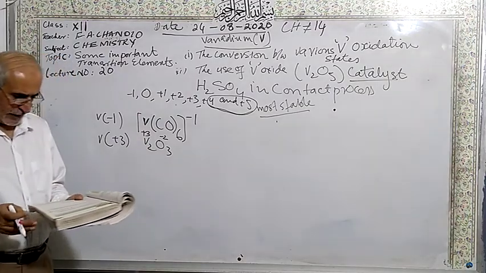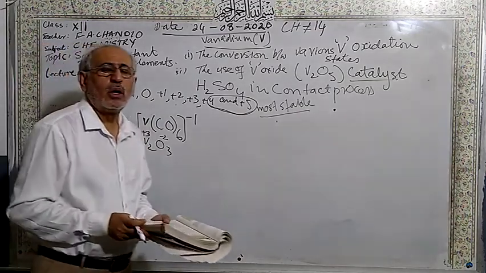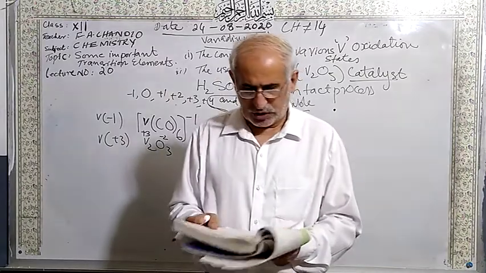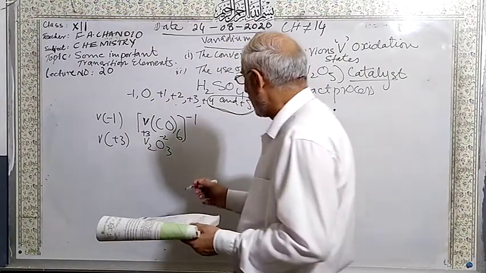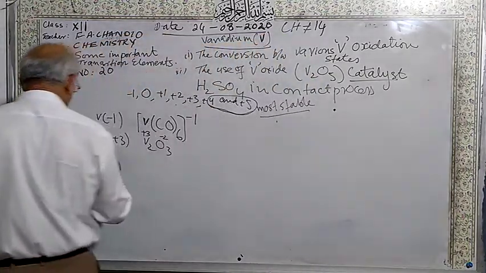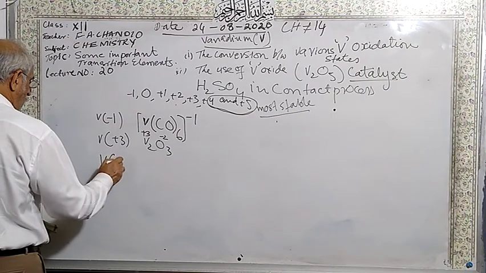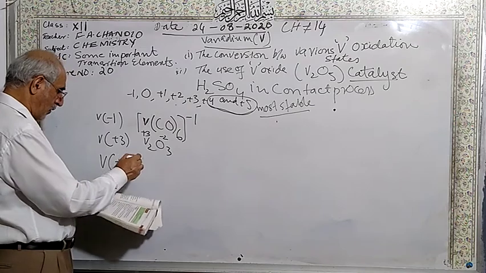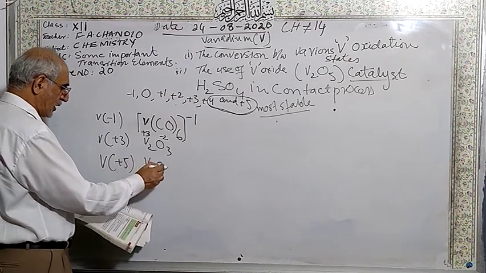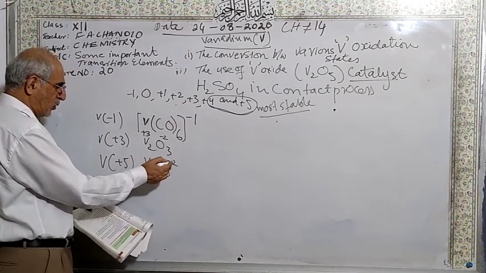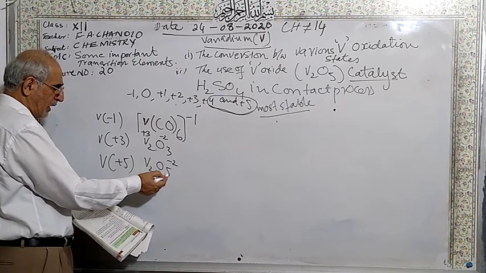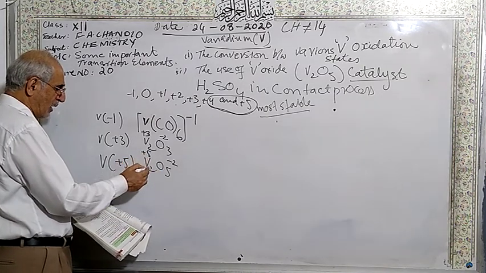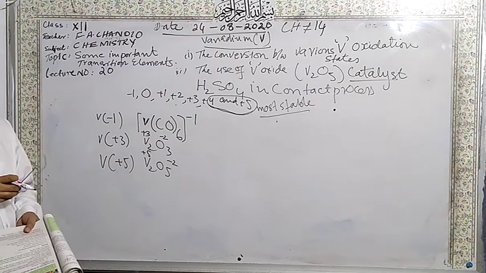And you can find other examples also for oxidation number 3. If you see for oxidation number 5 for vanadium, this one is vanadium pentoxide. Oxygen is -2 multiplied by 5, -10, plus 5 multiplied by 2, plus 10.